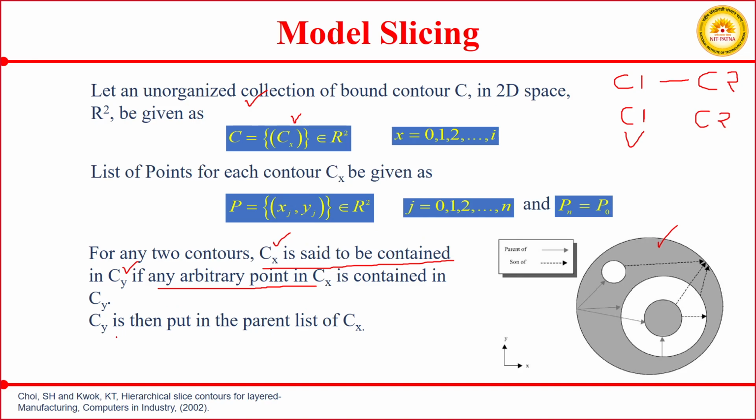Similarly, the vice versa is also true. Here we say Cy is then put in the parent list of Cx. This way we will do the hierarchical sorting when we have multiple contours in a layer.